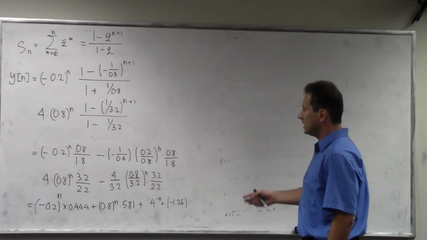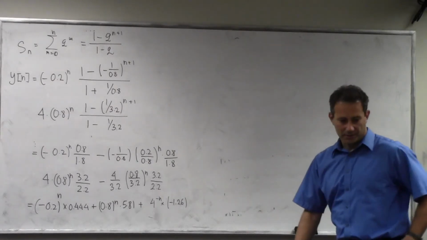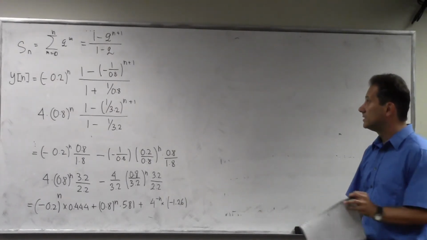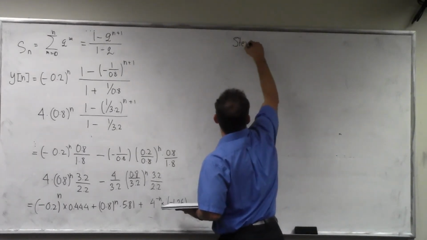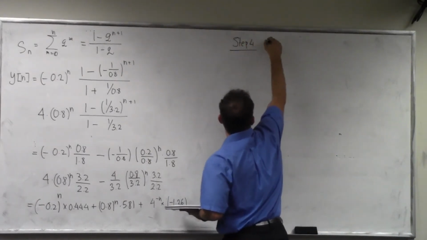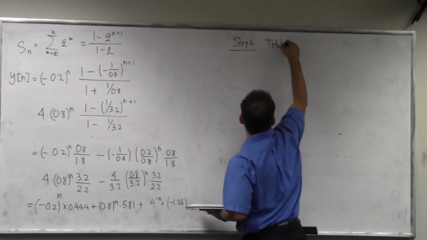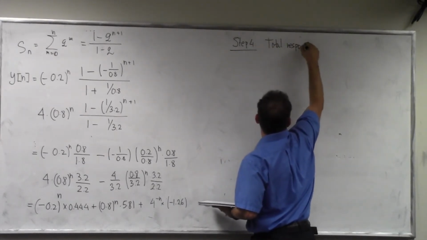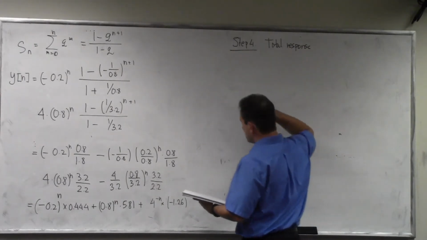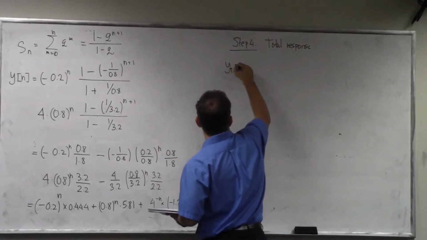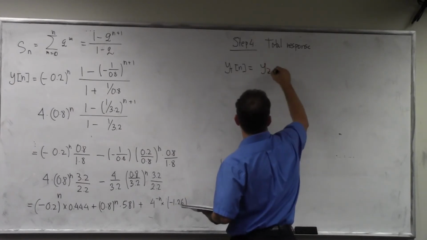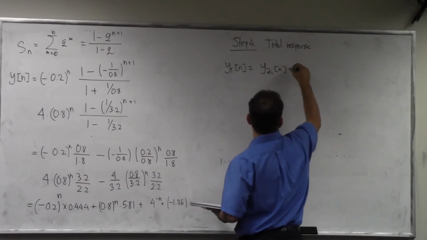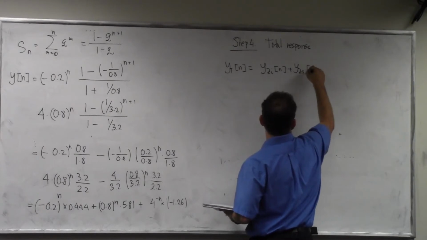Zero state response, and then we need to put all of this together. So total response, that's in step 4. Total response, y t of n is going to be our y0 input of n plus y0 state of n.